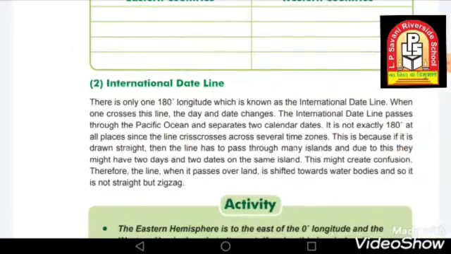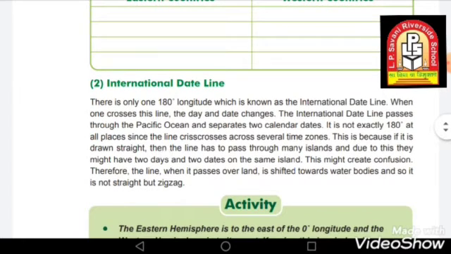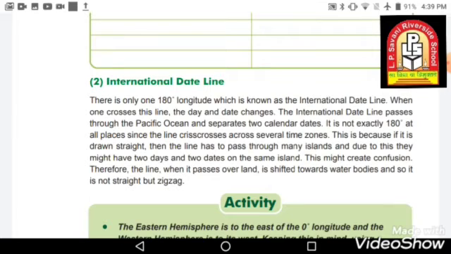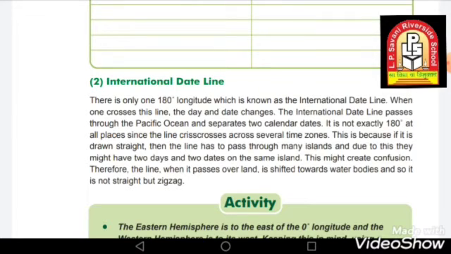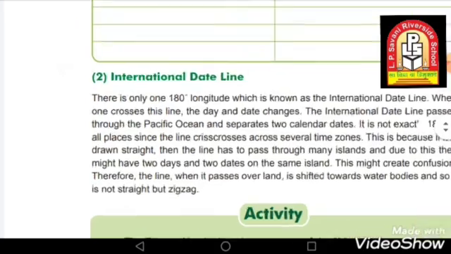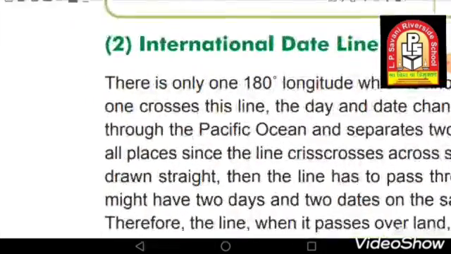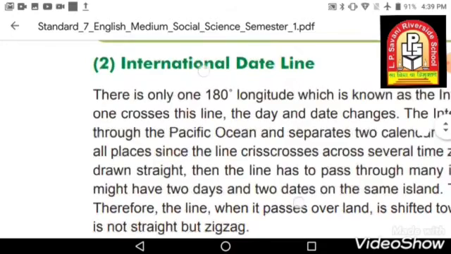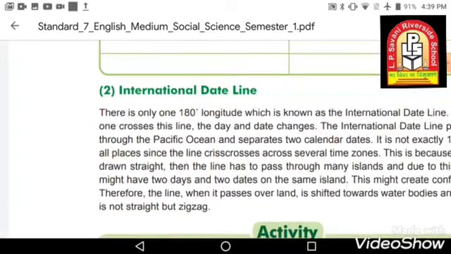This is because if it is drawn straight, then the line has to pass through so many islands, and due to this they might have 2 dates and 2 days on the same island, right? So for example, if there is India and the line is passing through India, what will happen? There will be 2 dates and 2 days on that island, right?